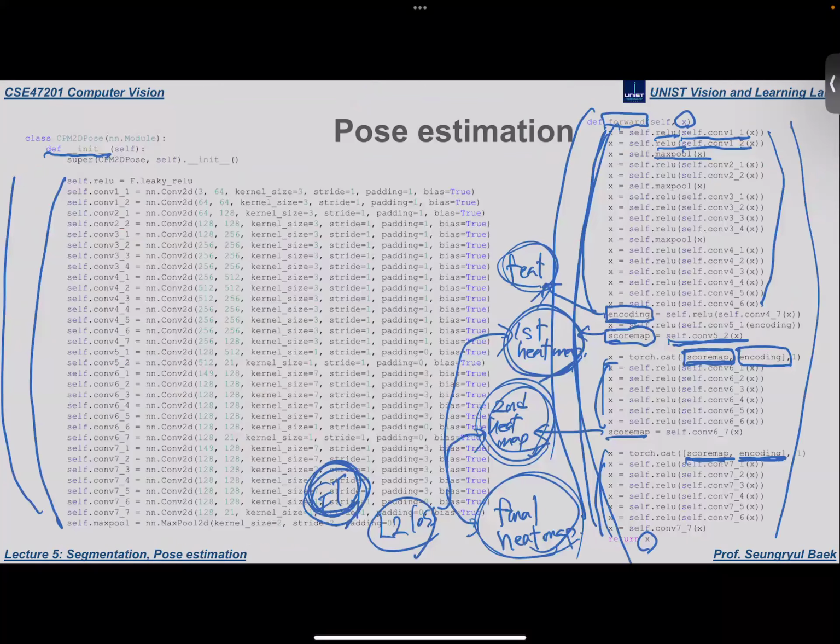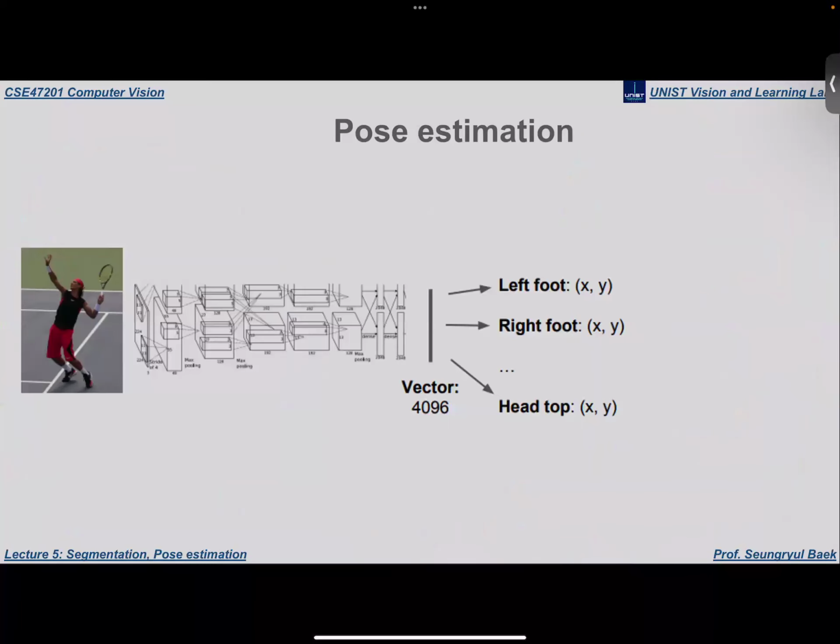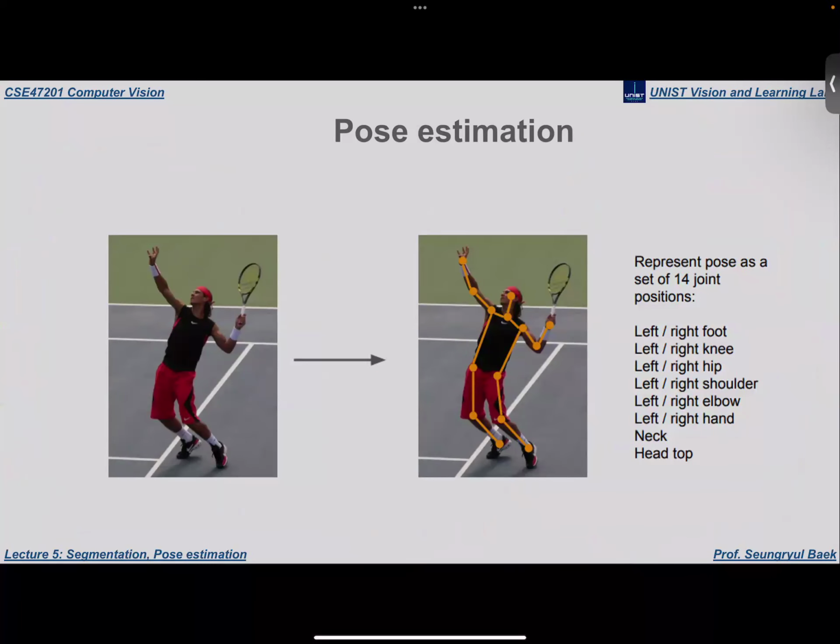So that's how these CPM networks are trained. We will provide the CPM code, the same as this slide, for assignment 2. And the thing you have to do is train this network for the given training data. So using this method, you can achieve pose estimation.